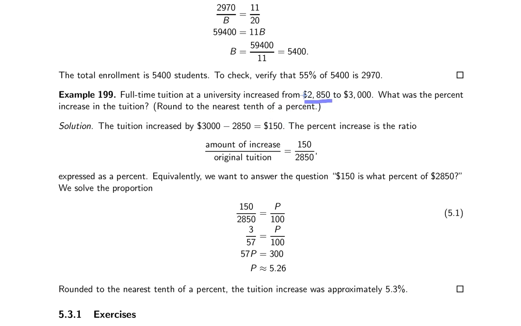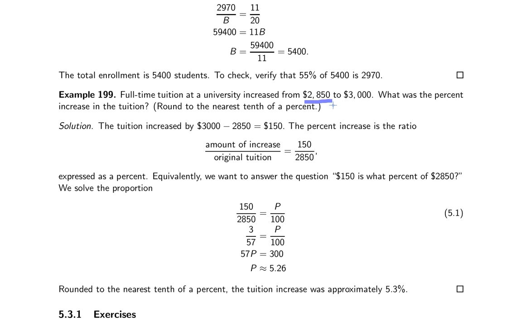So here's the base number, the 2,850. That's the starting tuition. It increases to 3,000. So what is the actual increase?